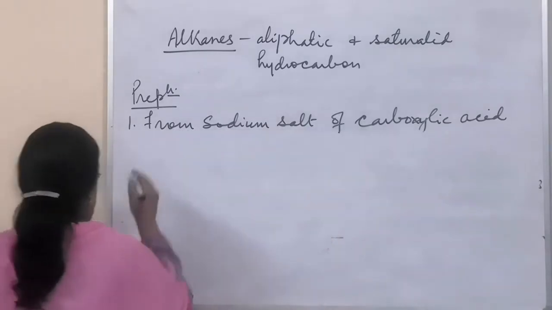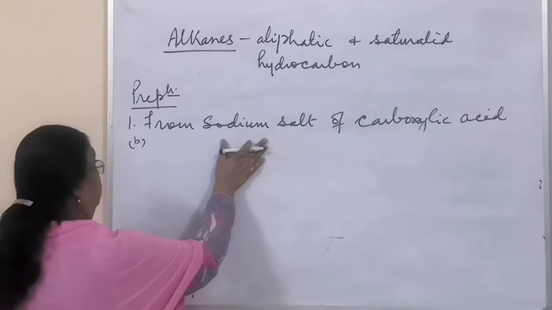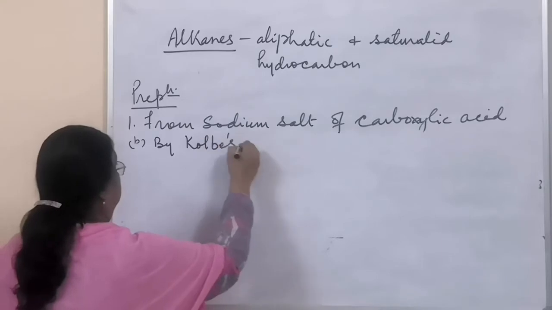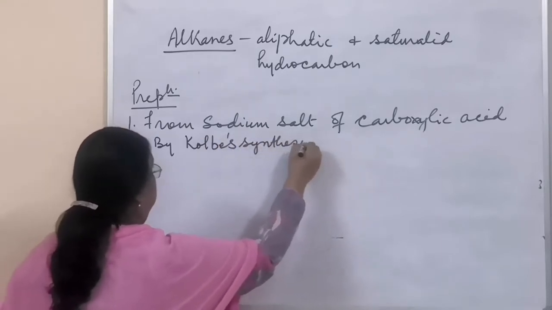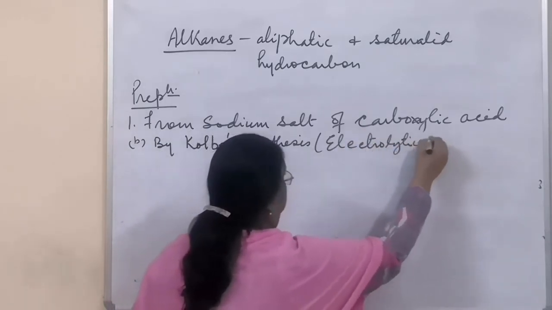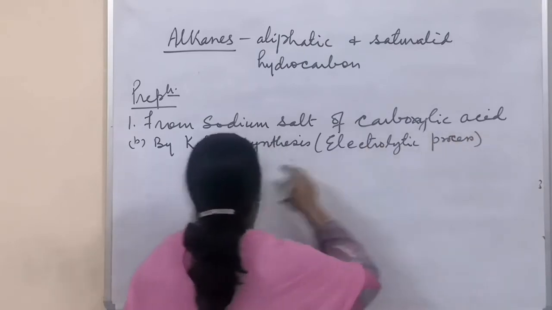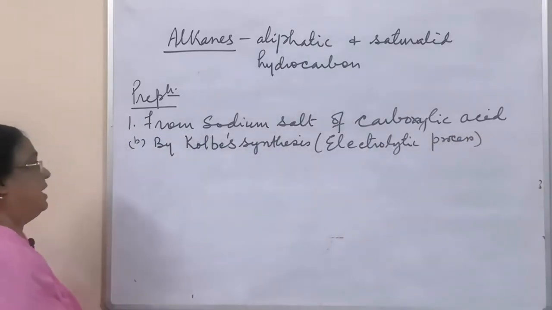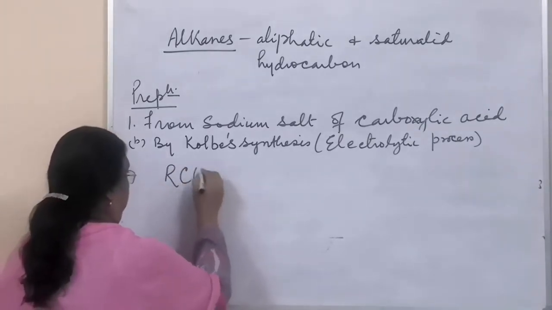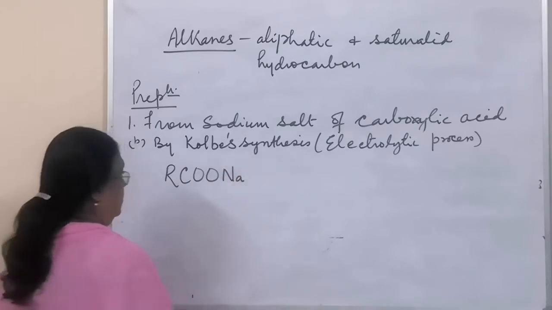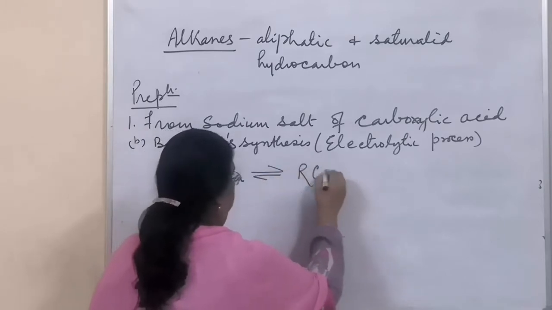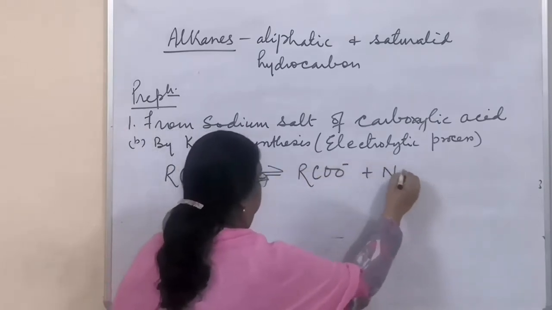The second method of alkane synthesis from the sodium salt of carboxylic acid is by Kolbe synthesis. This is an electrolytic process. Wherever you see Kolbe synthesis, it is always electrolysis taking place. The sodium carboxylate solution is taken and it will decompose into the carboxylate ion and sodium ion.